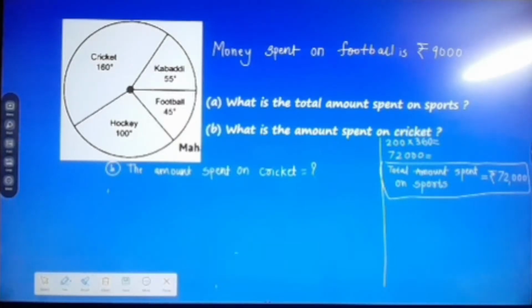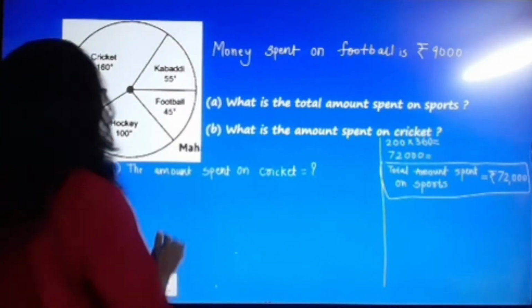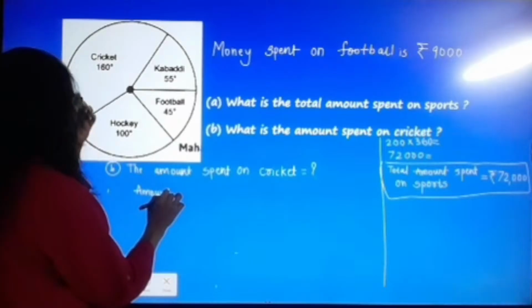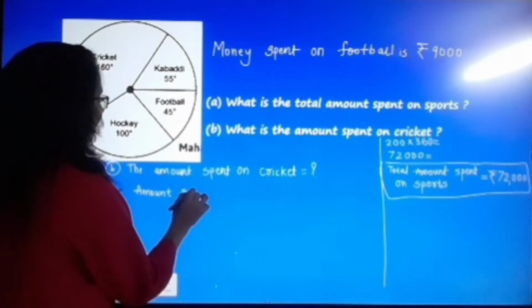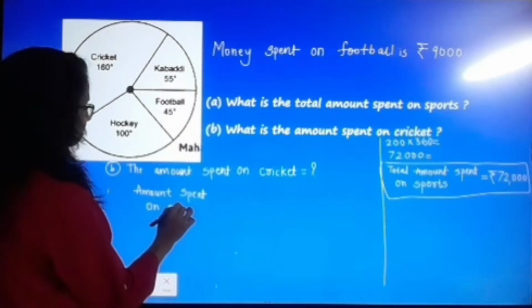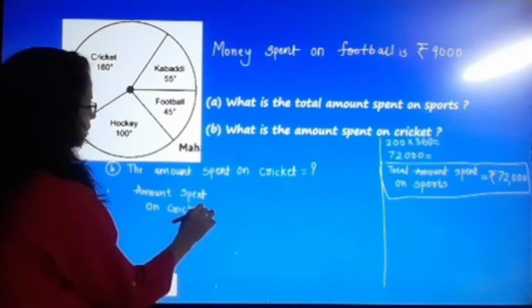So what is the formula? So that is the formula here: amount spent on cricket is equal to.